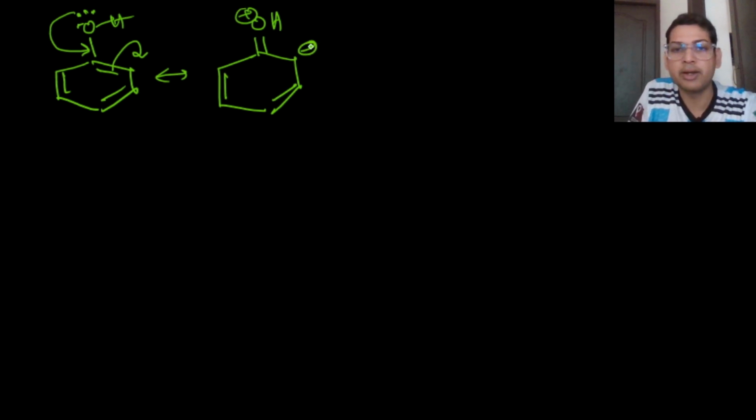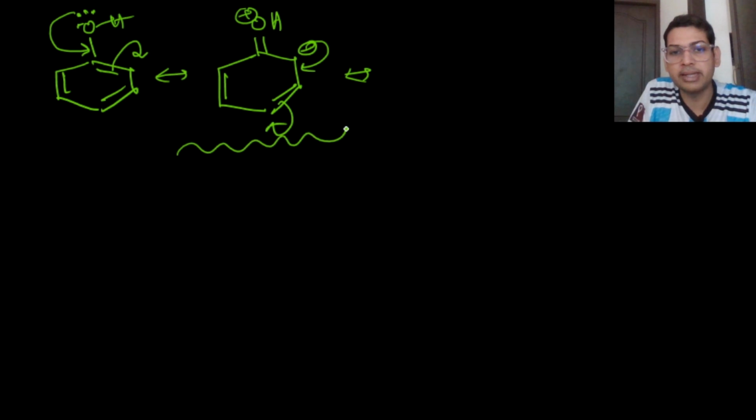Let's see what is given. The second option is phenol, and phenol has a lone pair of electrons. It can do resonance like this. I hope I don't have to teach you how to do resonance. We get a negative charge, and doing the resonance again we get another negative charge.